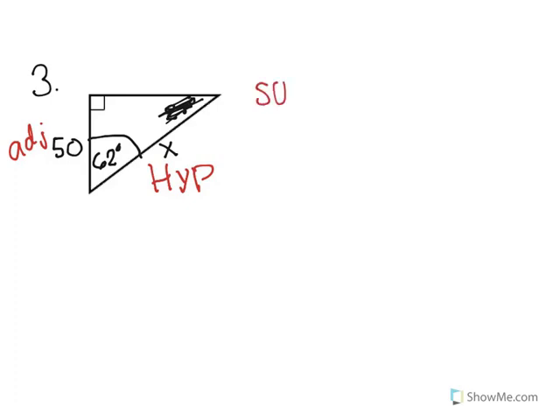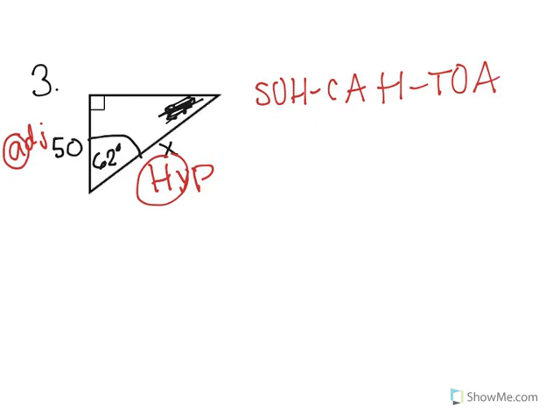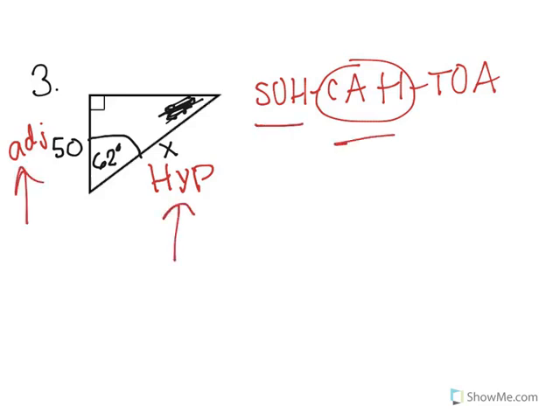So then your next step is to write out SOHCAHTOA, and then choose which one includes an H and an A. That should be CAH right in the middle. Cosine includes an A and an H. So again, step 1, label your sides. Use those labels to choose sine, cosine, or tangent.